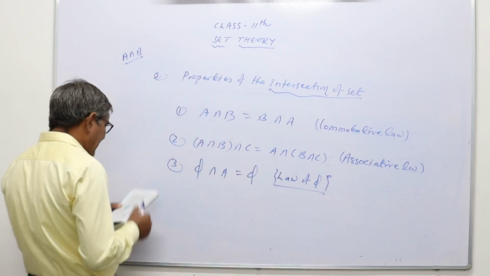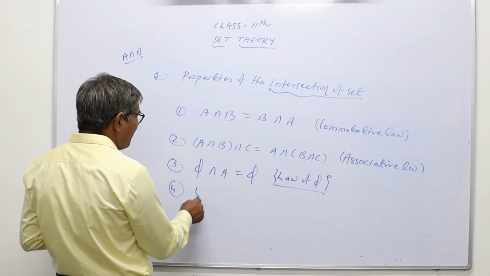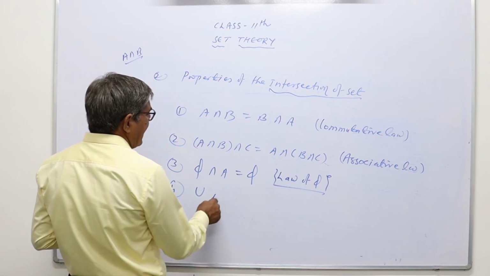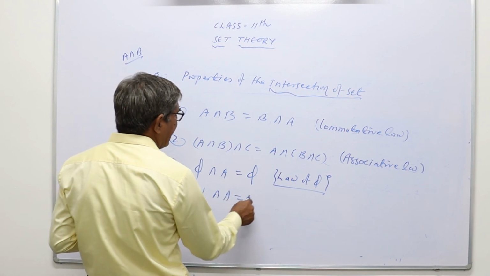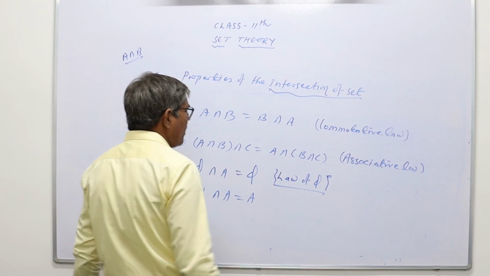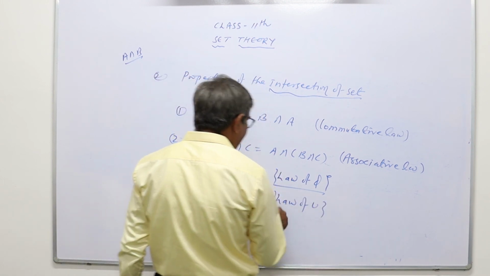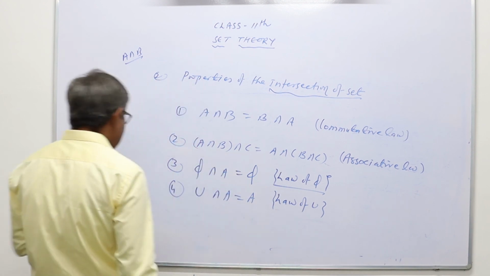Similarly, next property, if we find the intersection of a universal set and a given set A, then it will always be equal to A. So this is the law of universal.